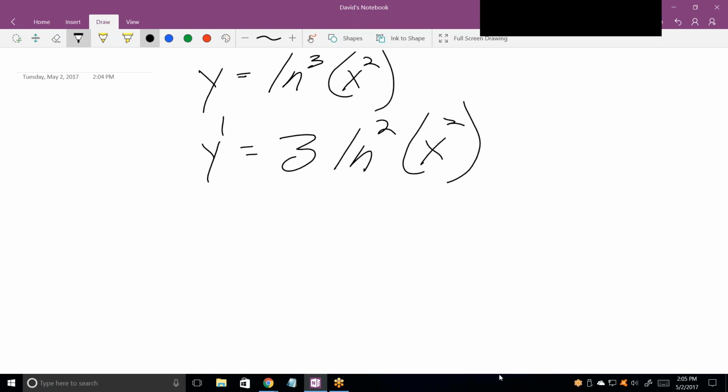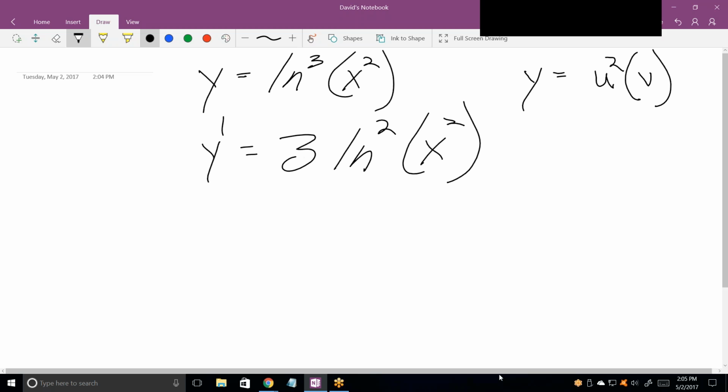Let me think about this for a second. I want to write this in terms of u substitution. I think I've got to apply the chain rule twice. In other words, it's equal to u squared of v. Excuse me, u cubed.